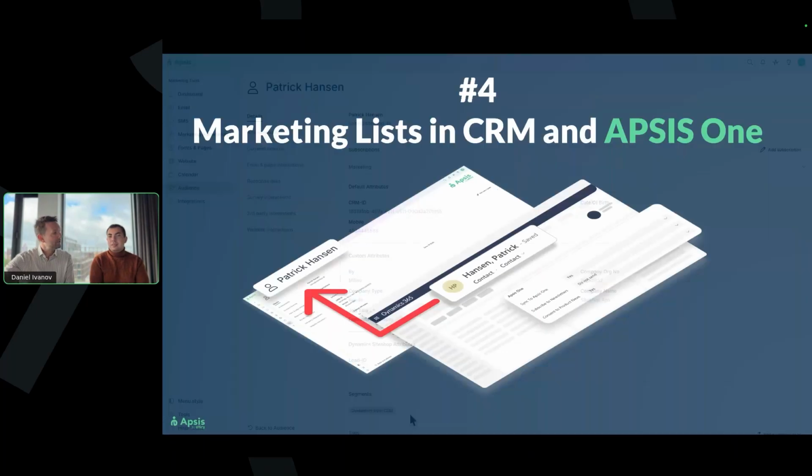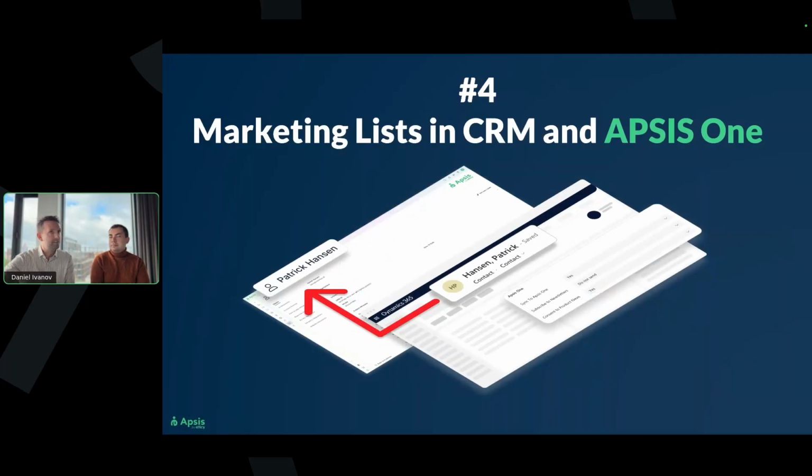Okay, so we mentioned marketing lists. You mentioned segmentations earlier, and in any CRM system, there is the ability to find specific contacts with specific criteria, like all the contacts that you've met at a seminar who are customers and not prospects, all that stuff you usually do in CRM to help you have a more personalized sales dialogue.